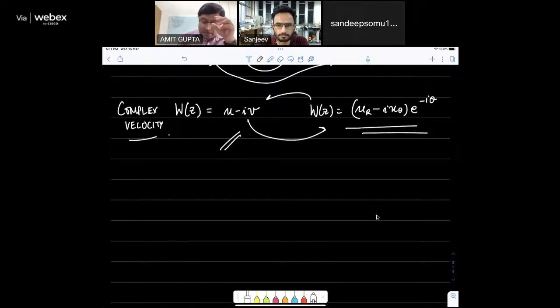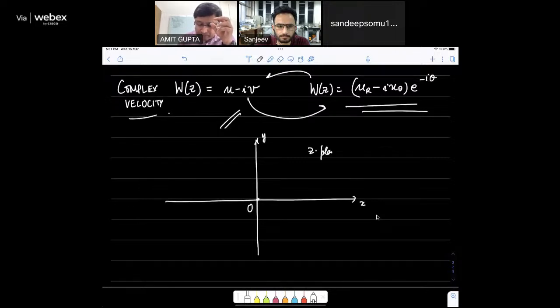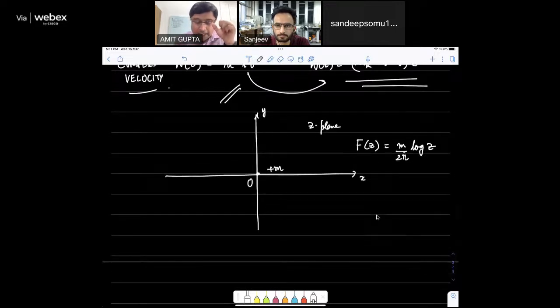So for instance, we wrote that if you have a source at the origin, okay, so this is the origin in the xy plane, on the z plane. So I said if you have a source of strength plus m at the origin, then the complex potential is just m by 2 pi log of z, right? But the thing that you need to remember at all times is that the source may not be at the origin, or the origin may have been translated.